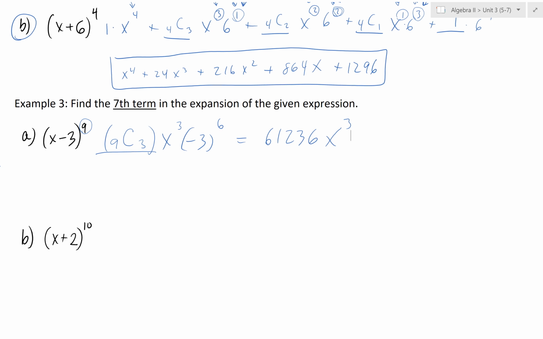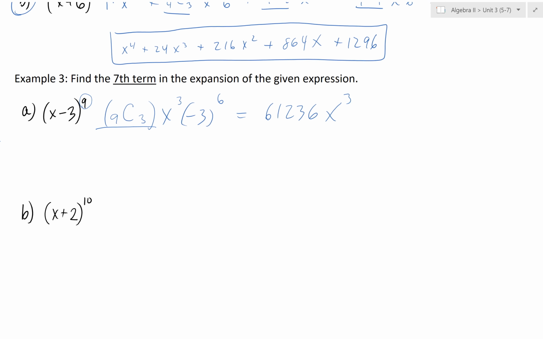Okay, so go ahead and find the 7th term of x plus 2 to the 10th. Okay, so again, if we want the 7th term, we know that's going to have 2 to the 6th, and that means x is going to be raised to what power? 4.